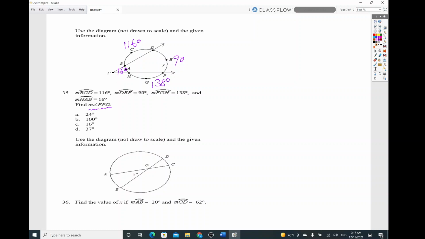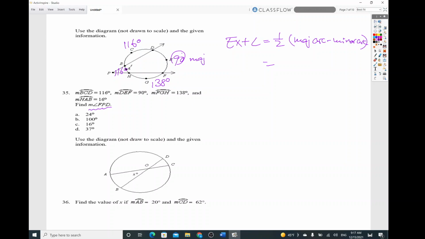So here we go, FPD, the external angle. The way to find the measure of the external angle, there's always a formula for that. It's 1/2 times the quantity of the major arc minus the minor arc. What I'm talking about, the major arc here is the corresponding arc intersected by those two secants. So 90 degrees, that would be the major arc.